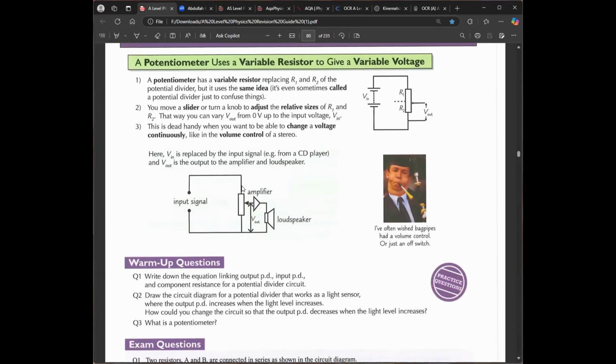You change where the arm is connected on the variable resistor, you change the ratio of those resistors, and that decides what kind of V output you are going to get. So you can see what V output you have and see if that is what you require.